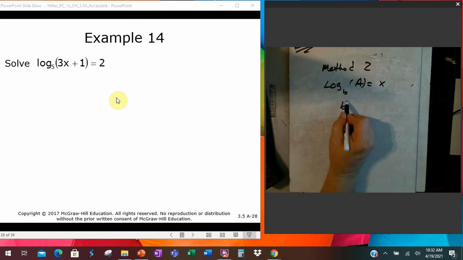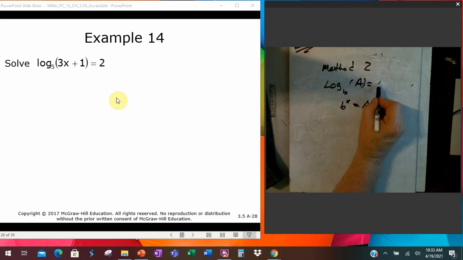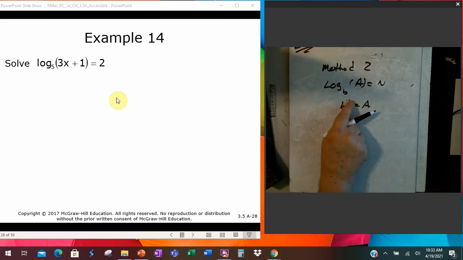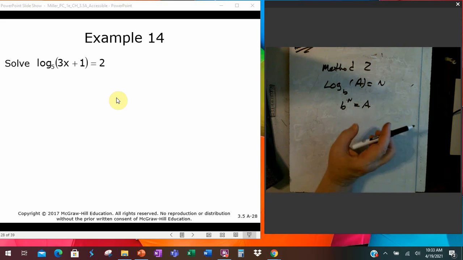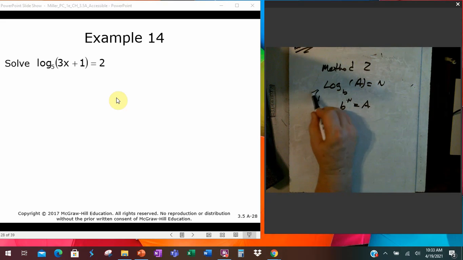That means B to the X is equal to A. This is just going to be some number, so this isn't a variable. Let me put this as some number. B to the N is going to be equal to that A. Okay, so this is just going to be an exponential number. That's going to be the expression that I have to solve. Okay, but that's kind of the basics that we're going to go through.